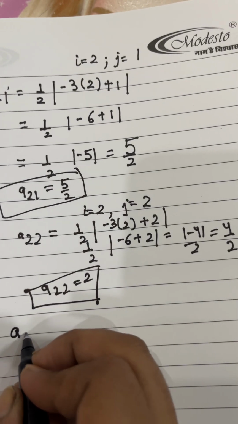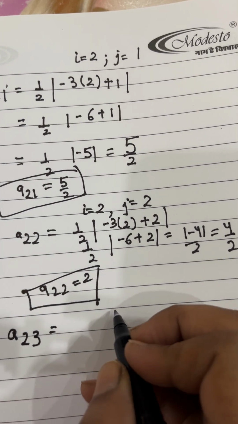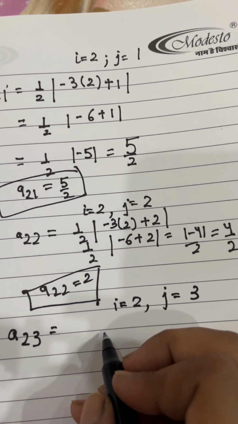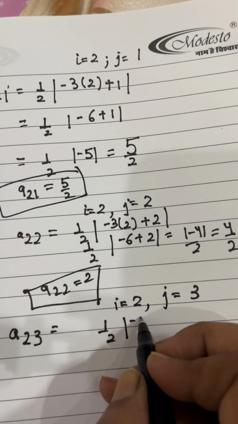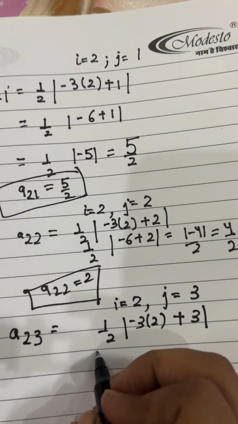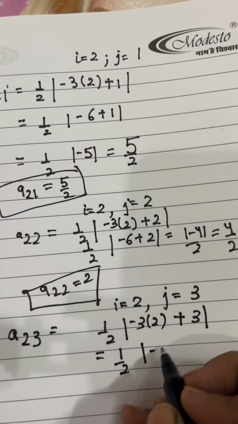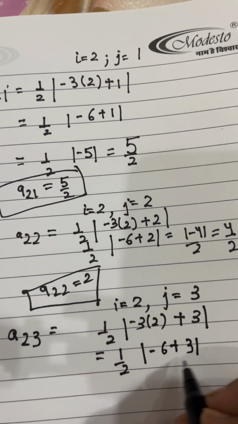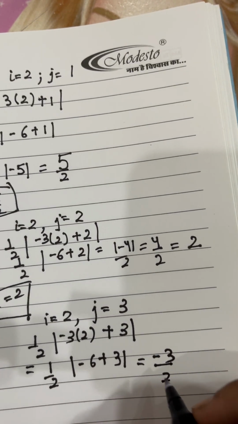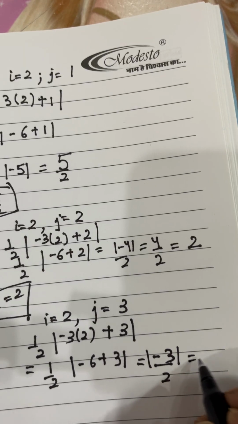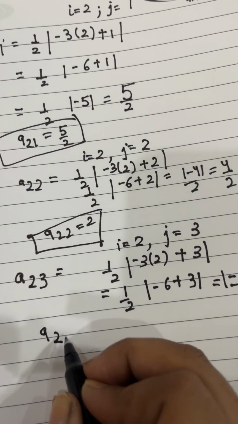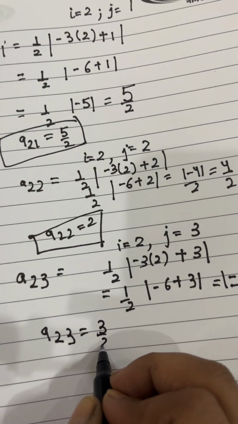Now A23. i is equal to 2 and j is equal to 3. So 1 by 2 minus 3 into 2 plus j is 3. This is 1 by 2 minus 6 plus 3 is minus 3, divided by 2. Coming from the modulus, it will again be positive, that is 3 by 2. So A23 is 3 divided by 2.